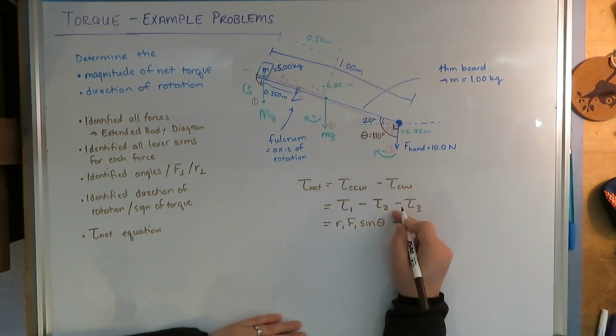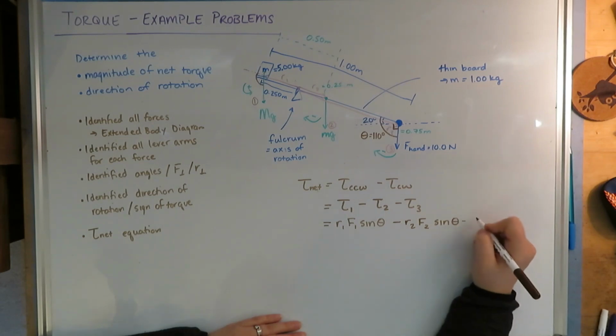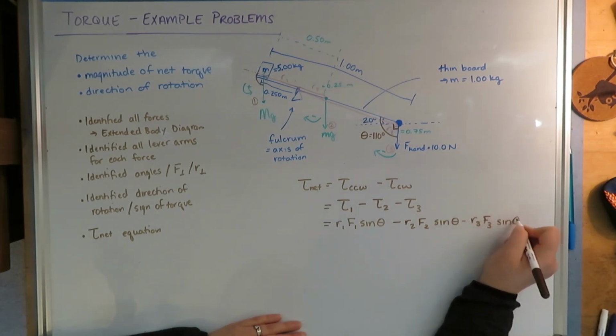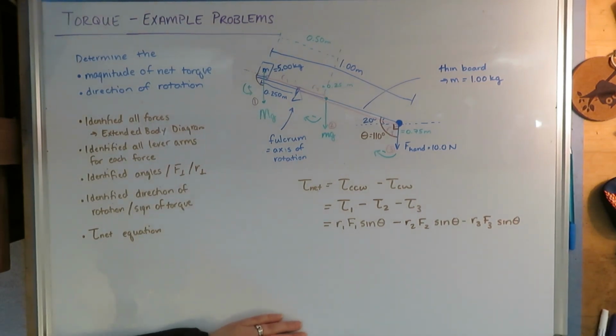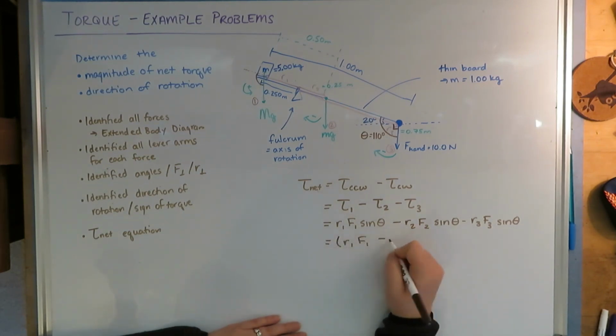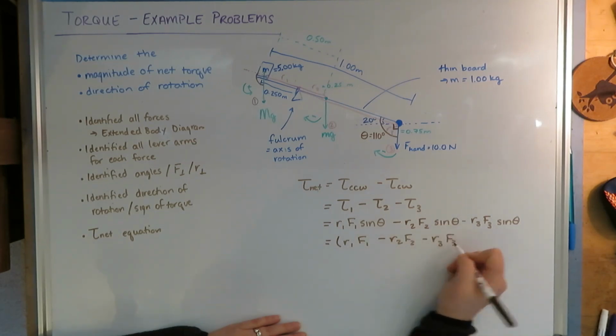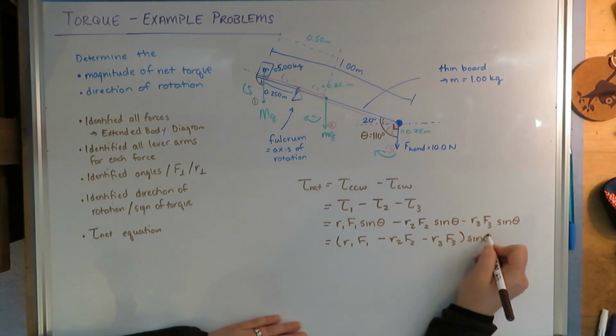So then that's going to be minus torque 2, which is R2 F2 sine theta, minus torque 3, which is R3 F3 sine theta. In this case, I can factor out that sine theta to simplify this down: R1 F1 minus R2 F2 minus R3 F3, all times sine theta.